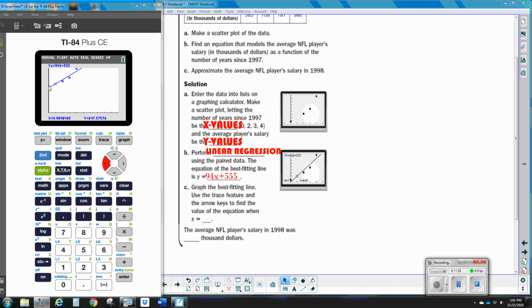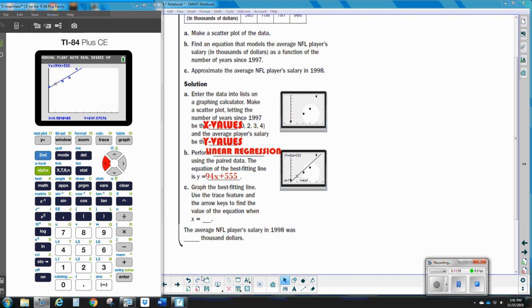So after about 1 year, my y value is 647. So almost at the 1 year mark, 0.98, my y value is 647, meaning after 1 year, the average NFL salary is $647,000 because this is measuring data in thousands.